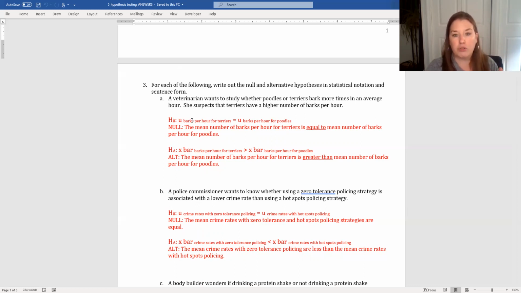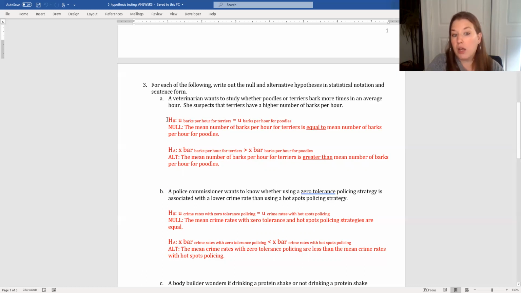Oftentimes, here's a helpful trick, that for all of these problems we're doing, the dependent variable is going to be the one that's interval level, and the independent variable is going to be nominal or ordinal, right? We're breaking down the dependent variable to compare the means on an independent variable that is either nominal or ordinal. It breaks into different categories.